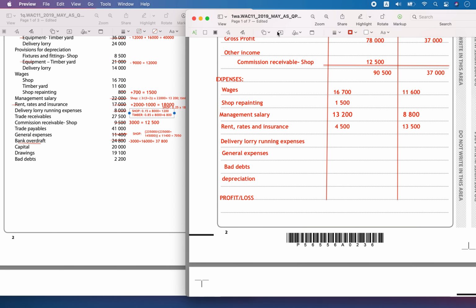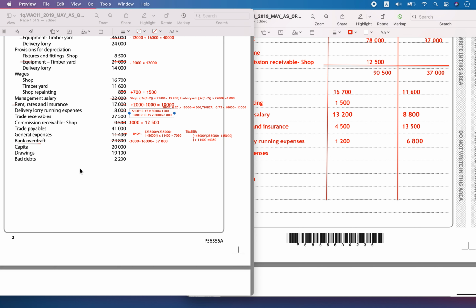So let's write here 1,200 and 6,800 for delivery lorry expenses.